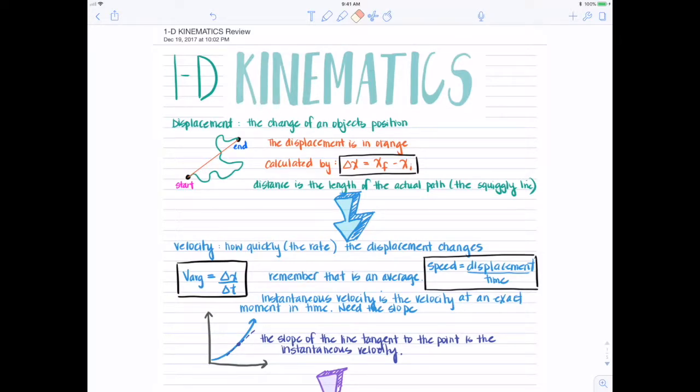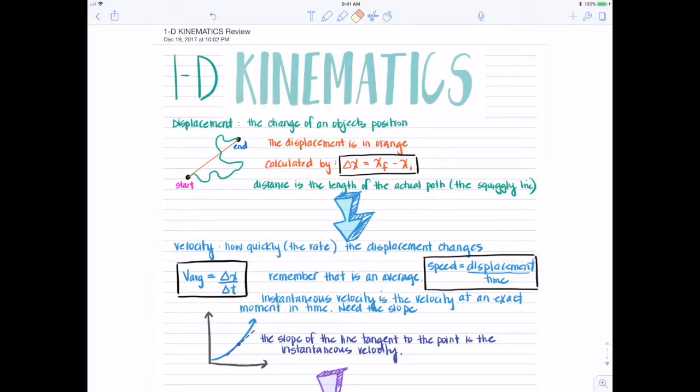So our formula for velocity is delta x over delta t, and remember that this is an average value of the velocity. An object that is accelerating to a certain final velocity is not going at the same speed the entire time. And so when we calculate delta x over delta t, we're really getting an average.